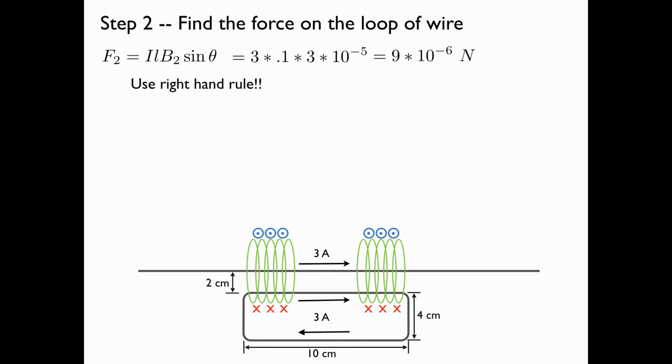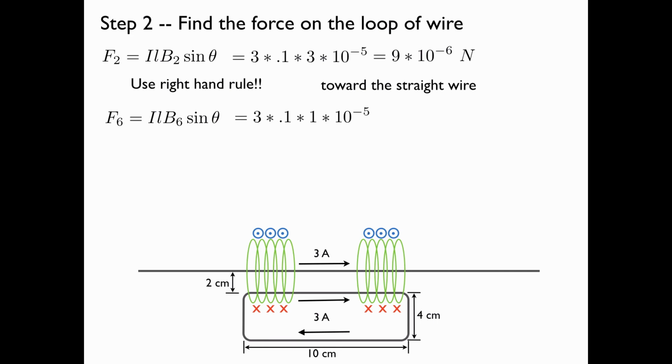We use the right-hand rule to find the direction of the force. Putting our fingers to the right along the direction of the current, curling into the page, our thumb points upward, so the force is towards the straight wire. Now we repeat for the section which is farther away from the long straight wire.